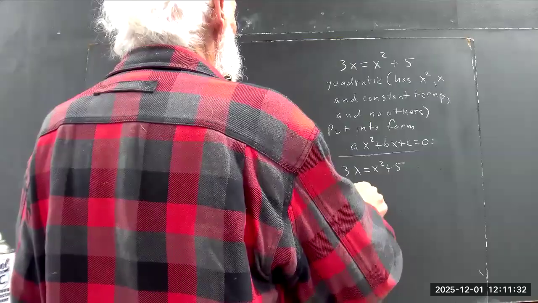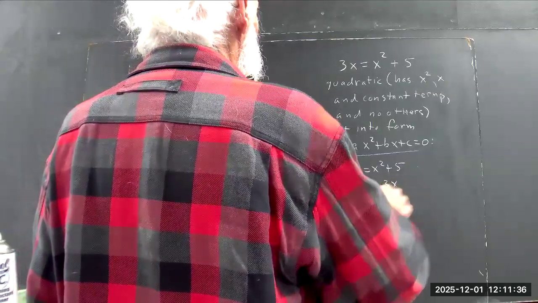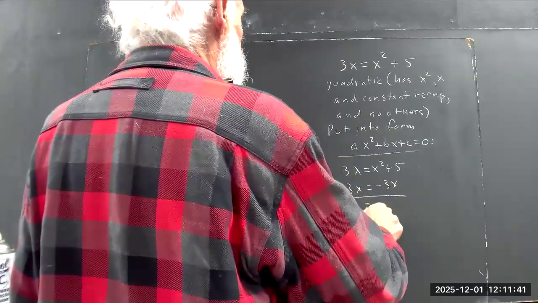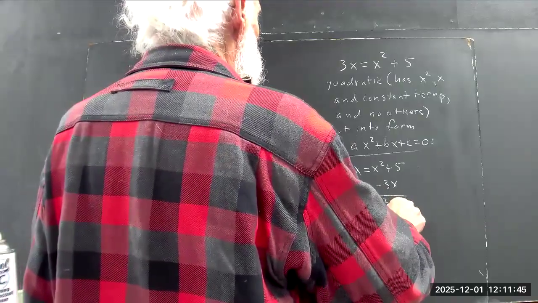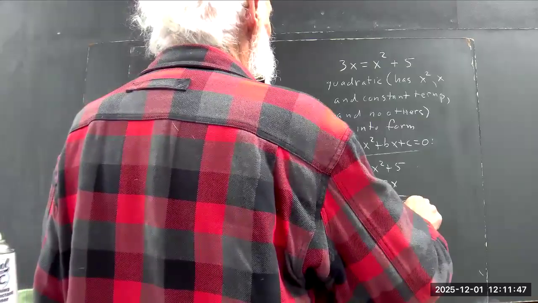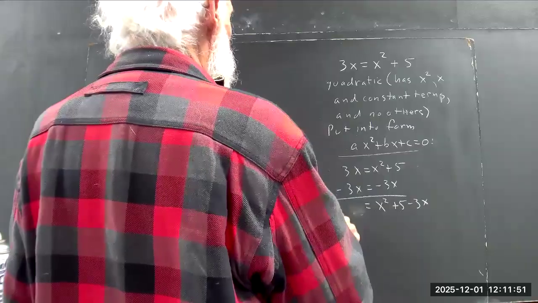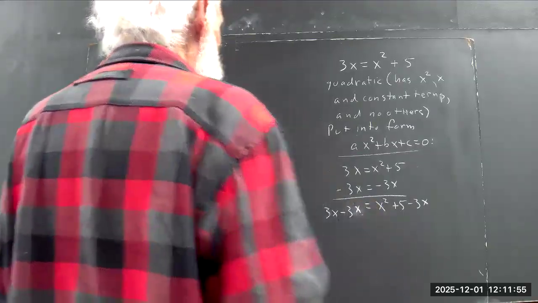I'm going to choose to subtract 3x from both sides, or at least add negative 3x to both sides, and that's going to make the left-hand side 0. And we're going to then have x squared plus 5 minus 3x. And let's write it out, as I keep urging you to do, forgetting to do myself.